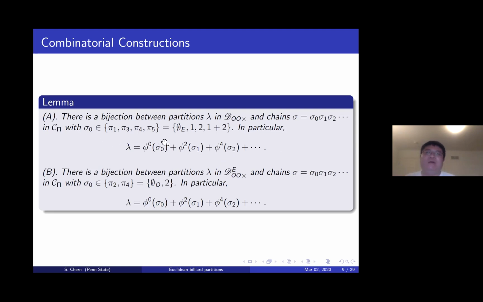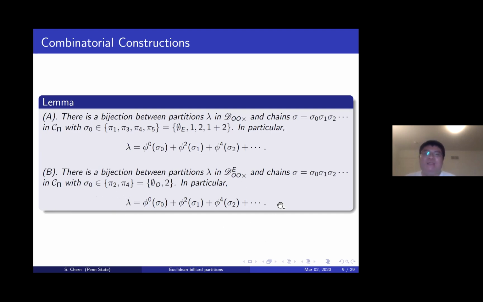And also we have such a correspondence given by the partition being constructed by sigma naught acted by phi to the power of naught, and sigma 1 acted by phi to the power 1, and sigma 2 by phi squared, etc. And also we can find a bijection between partitions in the partition set D sub O cross sub E and chains in C sub capital pi, with the first entry being either pi 2 or pi 4.